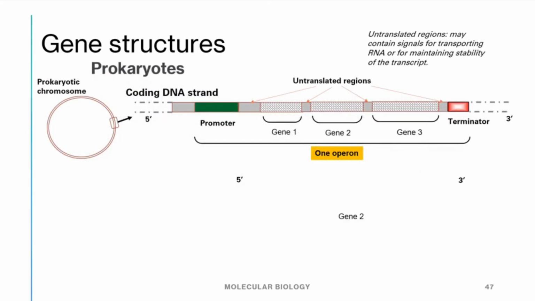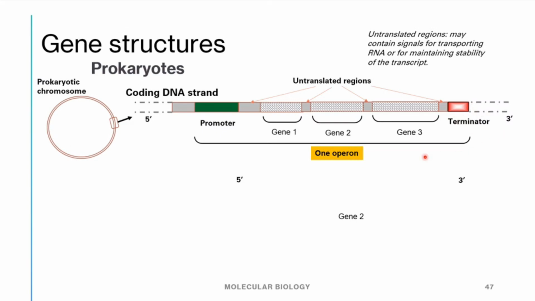This slide here shows you the typical structure of an operon. We have one promoter. So this operon is actually part of a prokaryotic chromosome, a circular chromosome. Okay, we have one promoter that's followed by three different genes, followed by a terminator. And of course, there are some untranslated regions between the promoter and the genes, amongst the genes, and between the gene and the terminator.